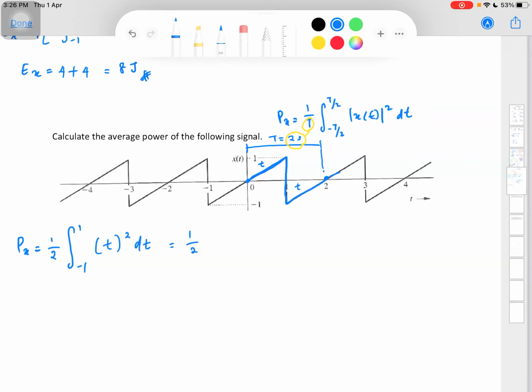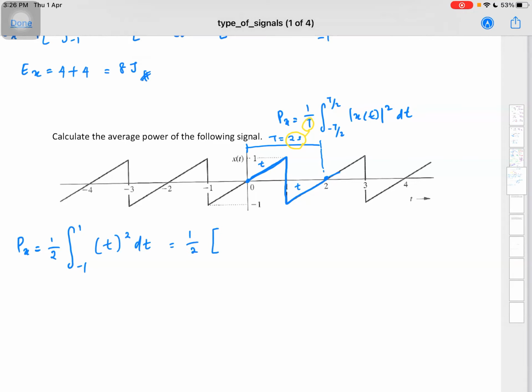So we will have 1 over 2, 1 over 3 t cube, right, and 1, 2 minus 1. So this multiply, we will have 1 over 6, and this one will be 1, and then minus 1.